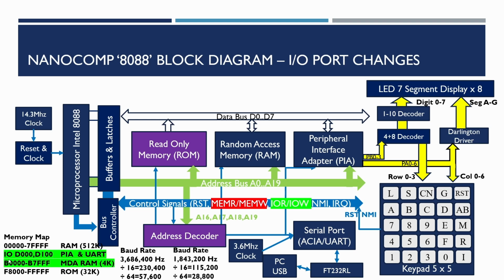And you can see down here that we've changed the memory map so that the PIA and UART are now in the IO range D000 and D100, and we've also added the MDA video RAM in its standard block. Now, although there's only 4K of RAM there, the original PC would have that 4K duplicated through that entire address range, so we probably need to leave it like that for the moment.